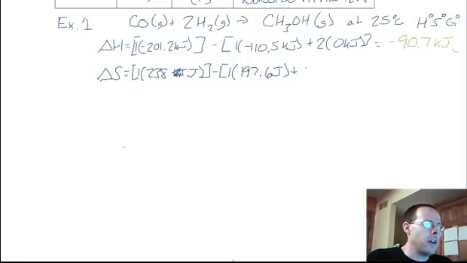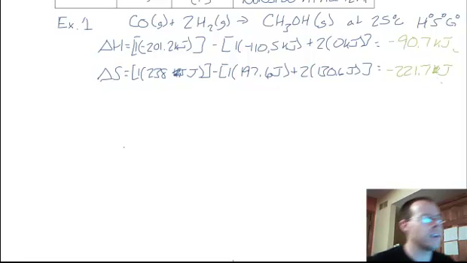And we also have 2 moles of H, which is 130.6 joules per mole. And when we do this math, we get an answer of negative 221.7 joules per mole. Joules per mole. Okay, so there is no kilojoule.